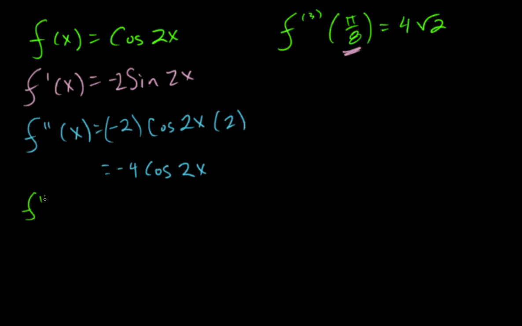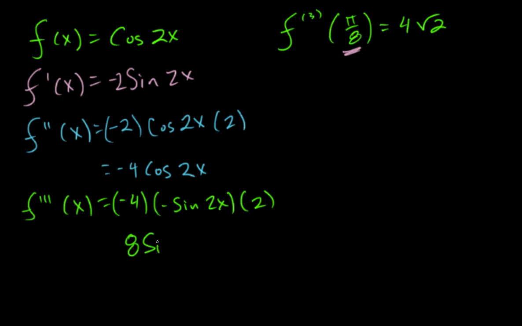And if we're going to the third derivative, bring down that constant, cosine goes to negative sine, and then multiply by the derivative of the inside. These negatives will cancel. 2 times 4 is 8. And so our third derivative is this. Now we want to prove that when we plug in pi eighths to this, we end up with this answer.